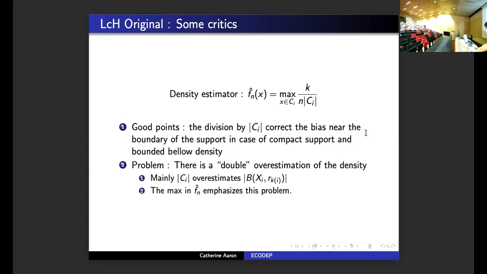When you want to estimate the density on a boundary point, you have a boundary effect in usual density estimation methods. And with that, we may correct that.